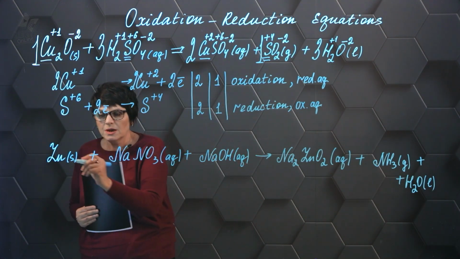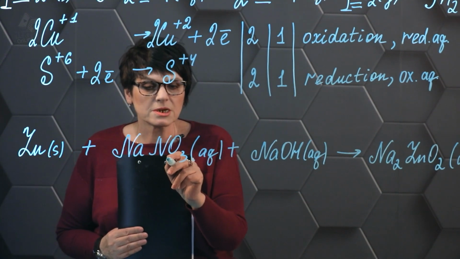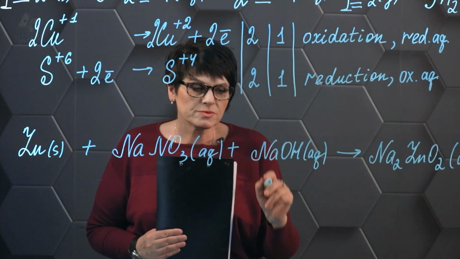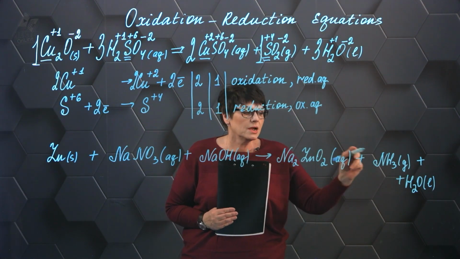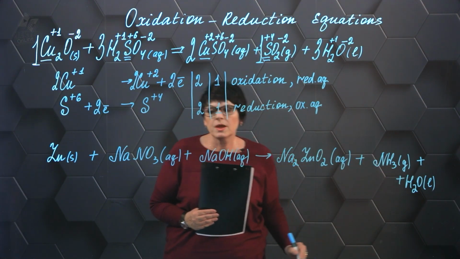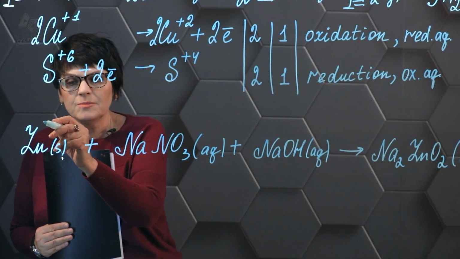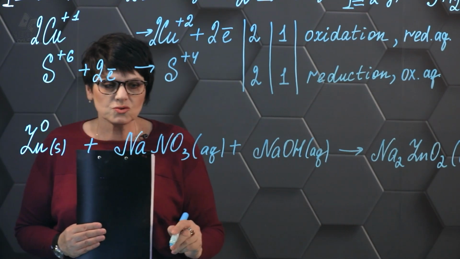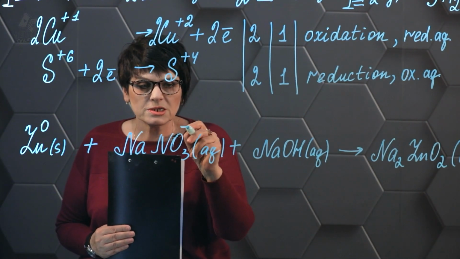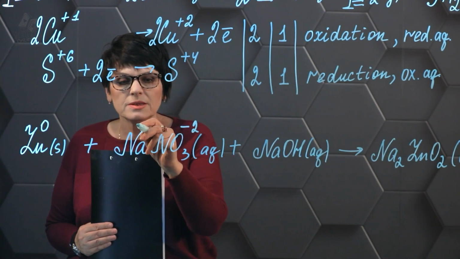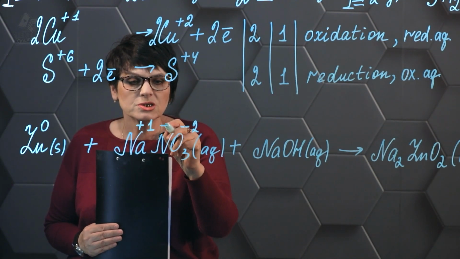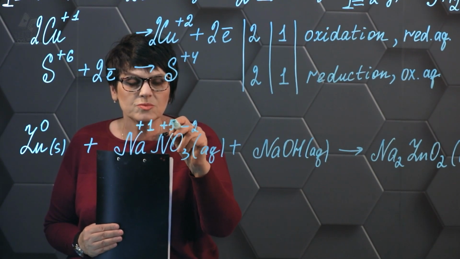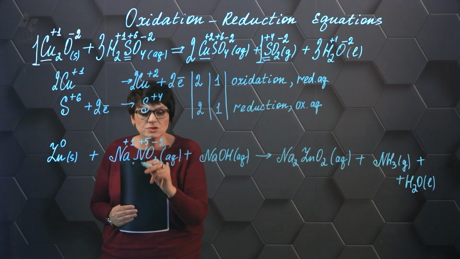Next example, zinc reacts with sodium nitrate. In the presence of sodium hydroxide, sodium zincate, ammonia, and water are obtained. Put the degree of oxidation. Simple substances have charge 0. In sodium nitrate, oxygen -2, sodium +1, and nitrogen will be counted through the equation to get +5, the zero-sum method.